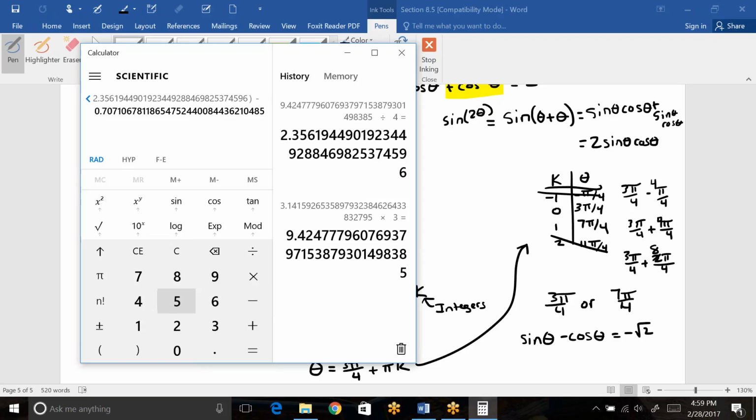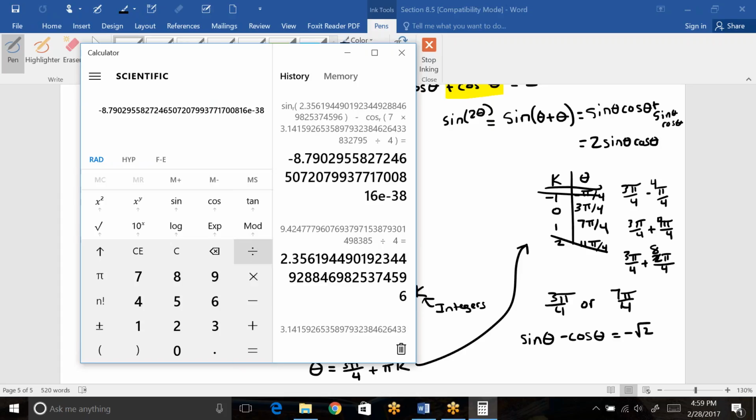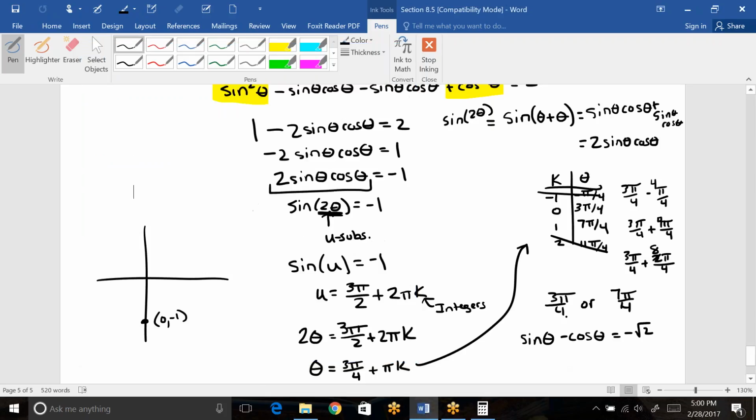It's just going to keep it going for me, and then I have 7 times pi divided by 4, and then that is a cosine, and then we want to hit enter and see what that equals. Okay, now notice it kept all of my stuff inside that. It worked it out for me. Notice that that's negative 8.79. So when I got this one plugged in, I got negative 8.79.